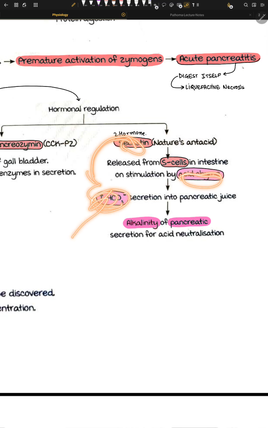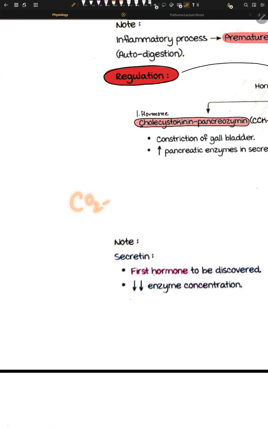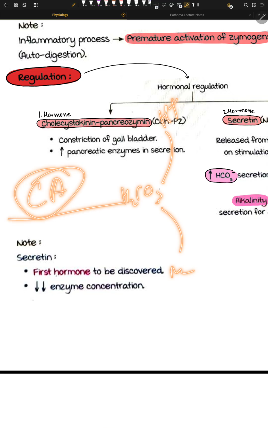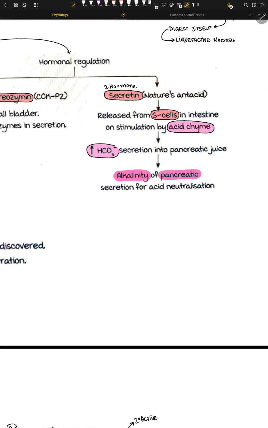Now, where is this bicarb coming from? This bicarb is coming from CO2 plus H2O gives H2CO3. We have one H plus and one bicarb, right? It is done by carbonic anhydrase. So the same way acid is produced is the same way bicarb is produced.